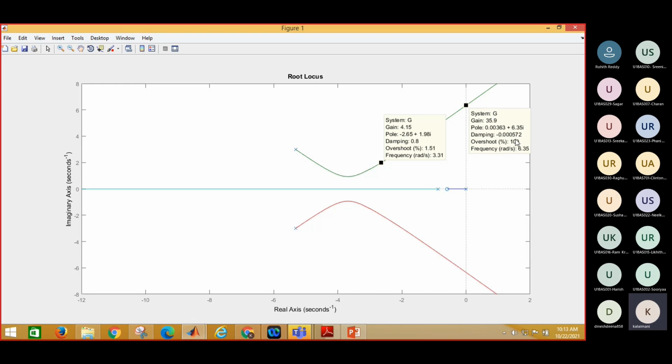Almost zero damping means the system has 100% overshoot. If it is 100% overshoot, then the system has an oscillatory response. Therefore, the system is marginally stable.